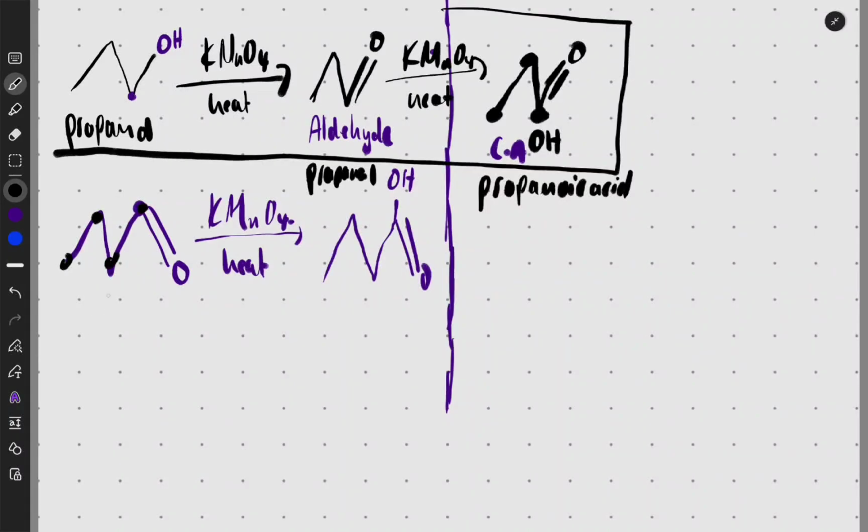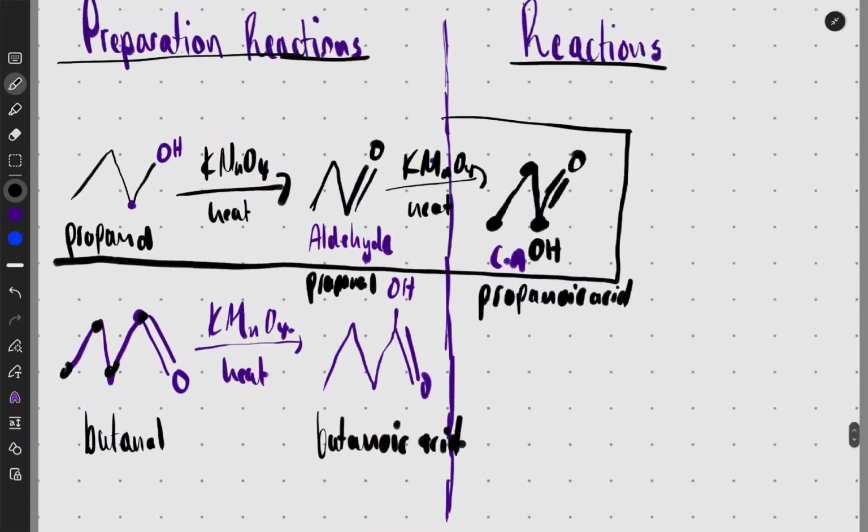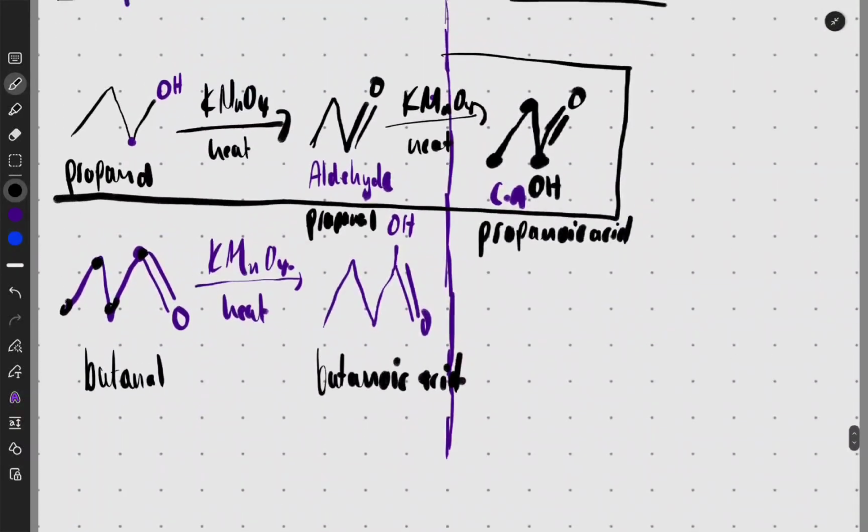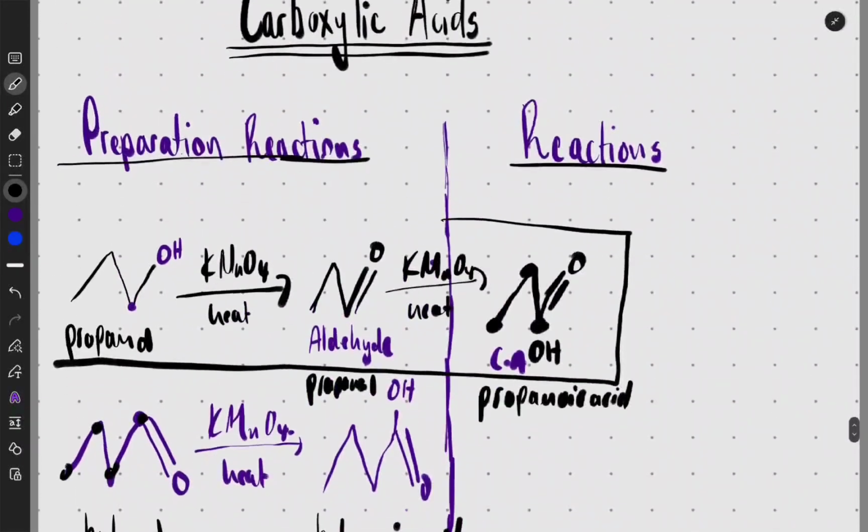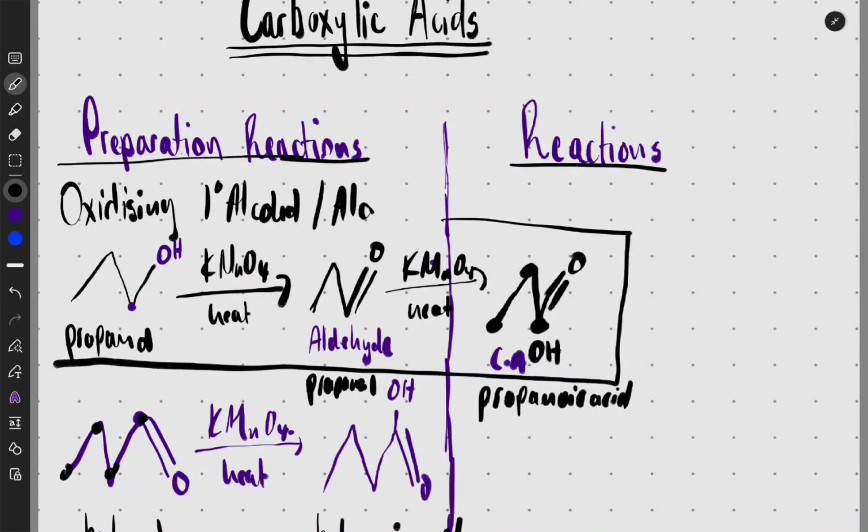So this would have been butanol, okay? Butanol, and then now it's going to be butanoic acid. How good is this? Now, these are the ways, okay? Using aldehyde and your alcohol just by oxidizing. So this is oxidizing a primary alcohol or an aldehyde, right? This is the first one.